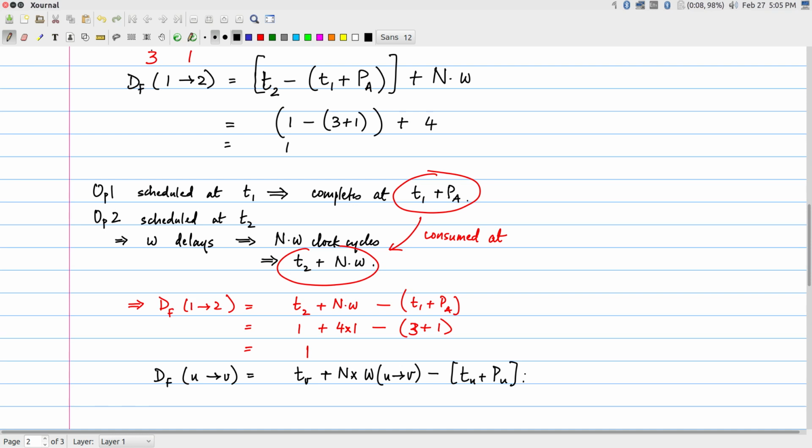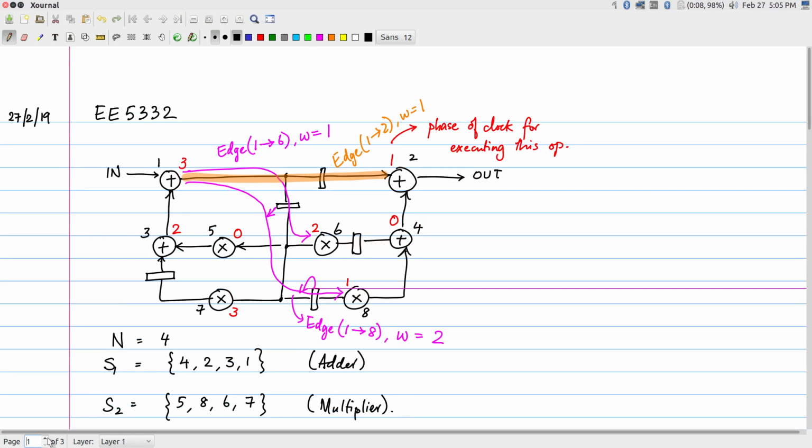In general you can compute the DF value like this for any pair of nodes in the original graph.